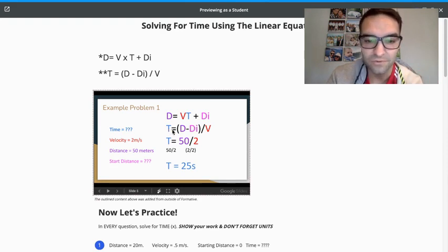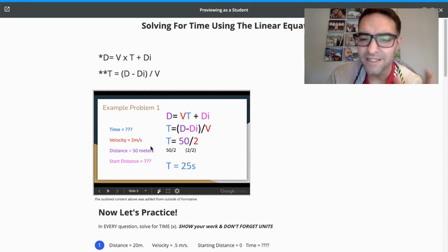So time equals distance minus starting distance, divided by velocity. And if you don't have a starting distance, it'll just be distance divided by velocity. In this scenario, there's no starting distance. We have our distance of 50 meters divided by our velocity, and that gives us a time of 25 seconds.